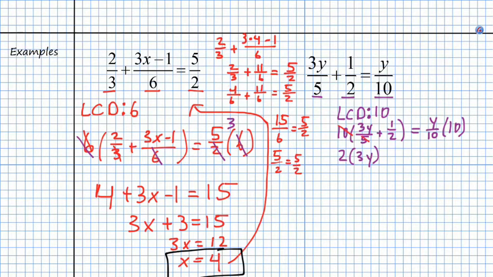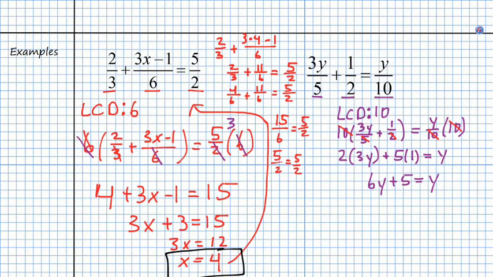So these will cancel, and then those will cancel, so you have 2 times 3y plus, now it's going to be 5 times 1, so 5 times 1 is equal to y. And so you have 6y plus 5 is equal to y.